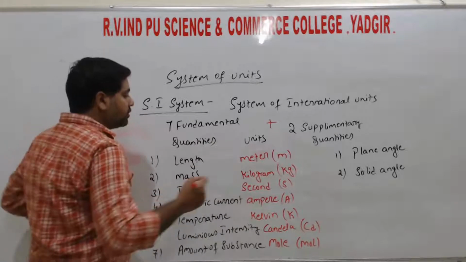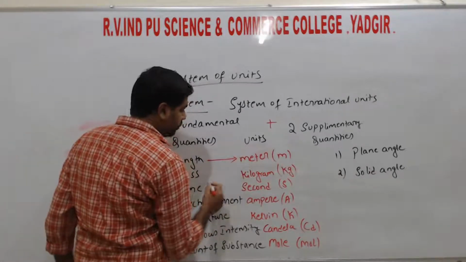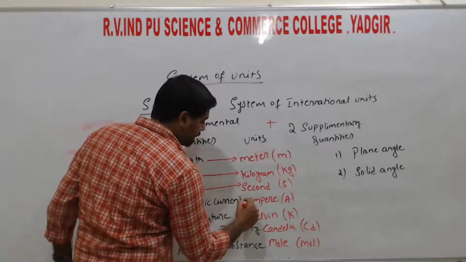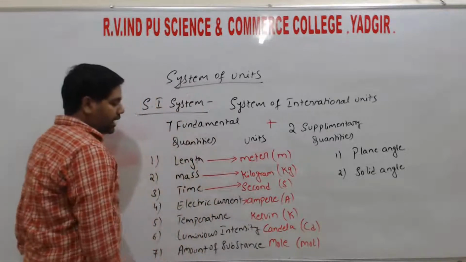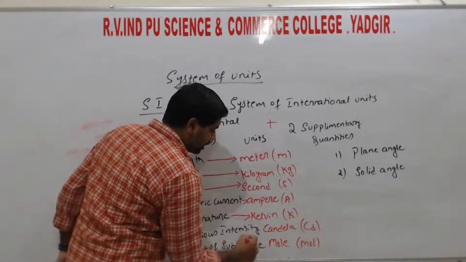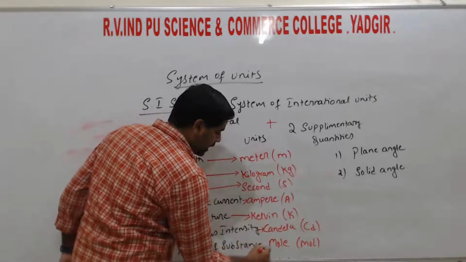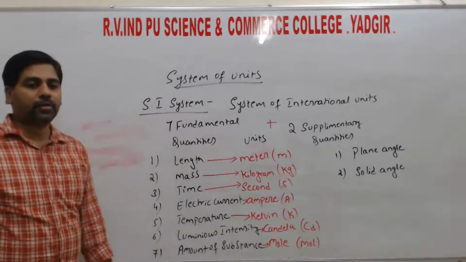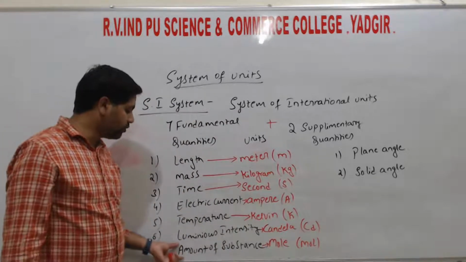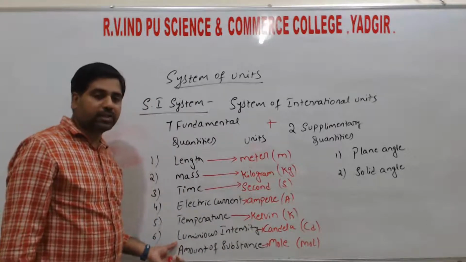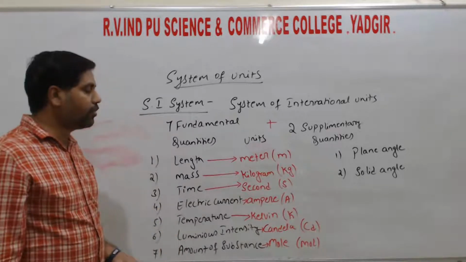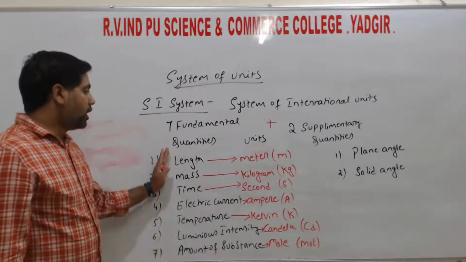Length is measured in meter, mass in kilogram, time in second, electric current in ampere, temperature in Kelvin, luminous intensity in candela, and the amount of substance is mole. This one we will study in chemistry. So all these are the 7 fundamental quantities.